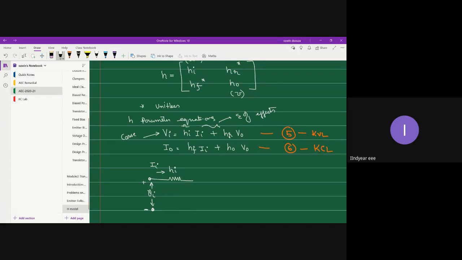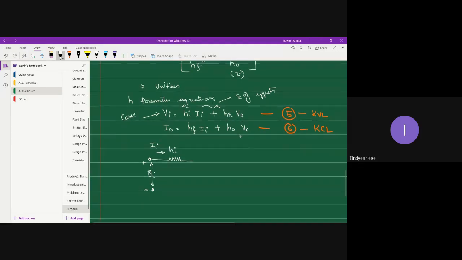The second term, what is it basically? HR into V0. So it is some constant times voltage. So a constant times voltage term in circuits basically represents a dependent source. Which type of dependent source is it? It is a dependent voltage source because voltage is present.